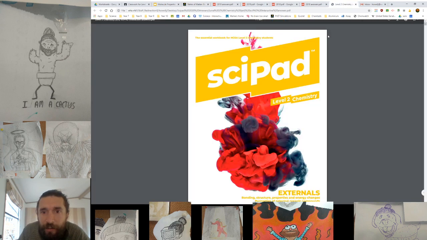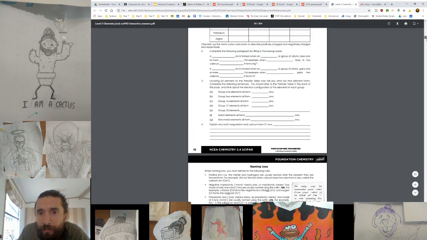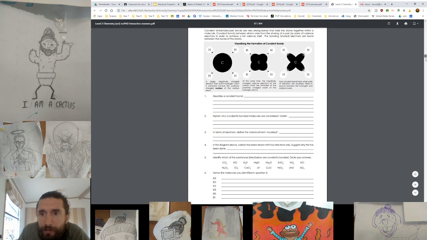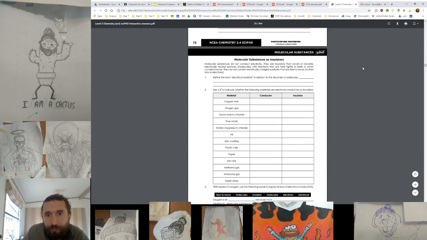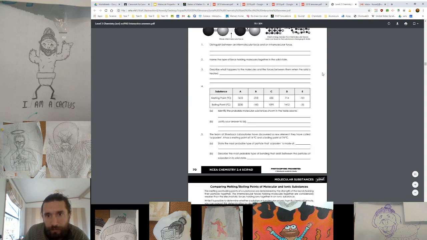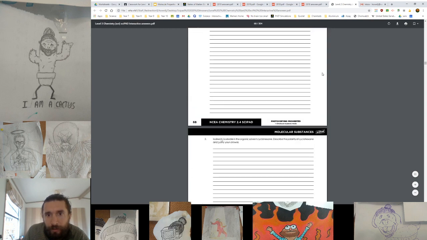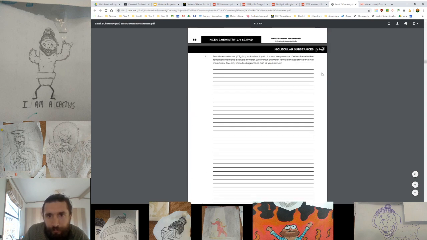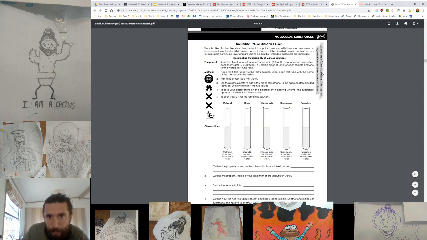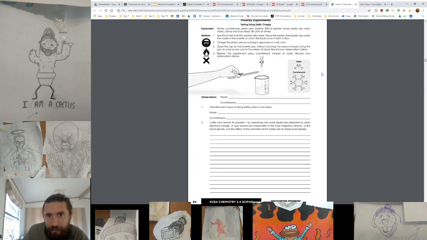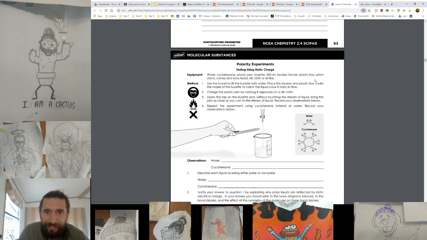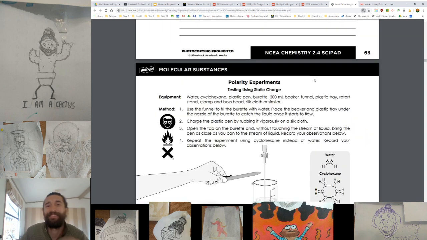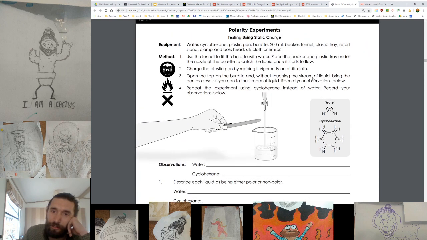But what I'm going to look at now is some work in this iPad. So where are we? Here, polarity. Here is an experiment that we could do at school, but maybe you can guess what happens.